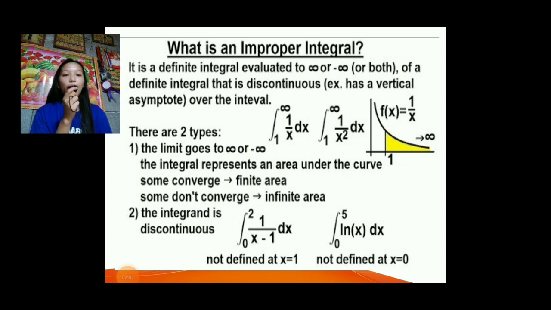Another example, the integral from 0 to 5 of ln x dx is not defined at x equals 0, because if we substitute x equals 0, the limit is not defined, so that is divergent.